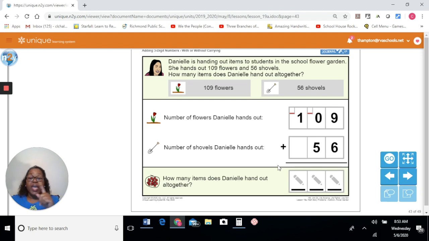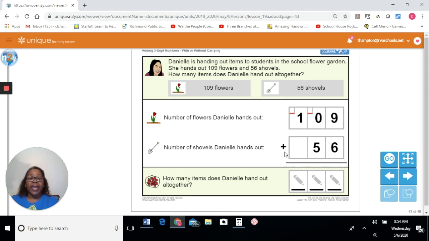So we have to decide what is the operation. Addition, subtraction, multiplication, or division. The word is altogether. So that means we're going to do what? Add. Very good. So we're going to add, this is the correct operation.